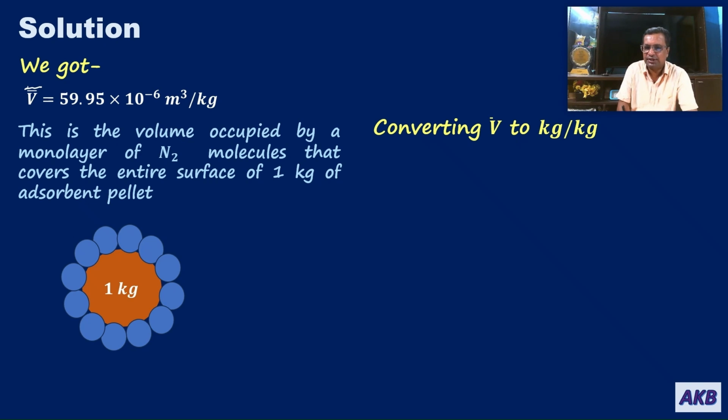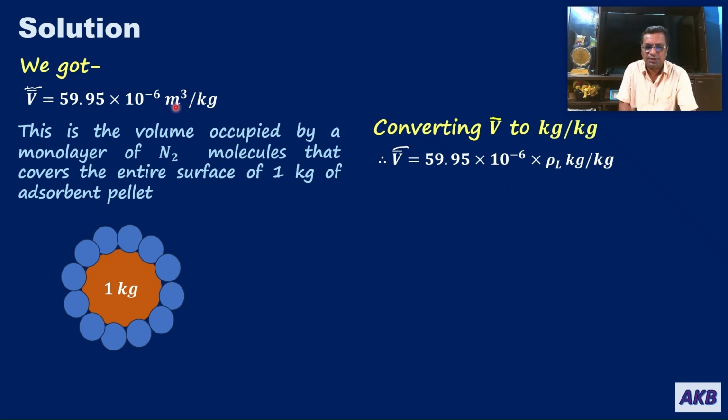Now let us convert this V bar into kg per kg, because ultimately my aim is to get the number of molecules of N2 that occupy the surface of the adsorbent when the layer is complete. So for that, first I need to convert V bar to kg per kg. So V bar is 59.95 into 10 to the power minus 6. In order to convert it to kg per kg, I will have to multiply with the density of liquid nitrogen, which is given to us.